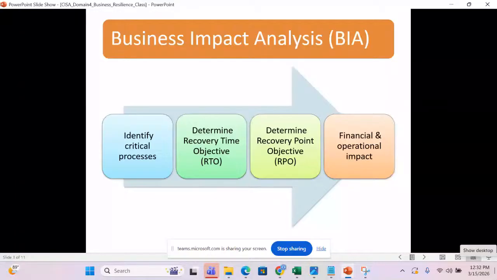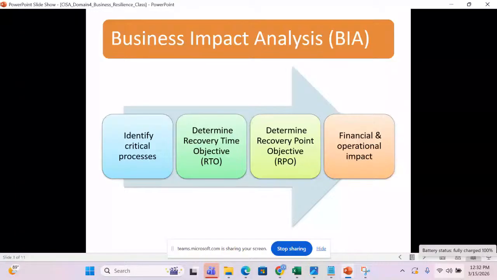Now let us look at a recovery point objective. If that's clear, let's look at the recovery point objective. Let me also say that in any BIA, your RTO and your RPO are very, very important.